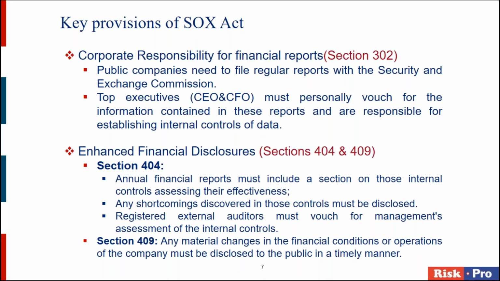Any shortcoming discovered in these controls must be disclosed. Disclosure is very important and critical. It has to ensure that registered external auditors must vouch for the management assessment of internal controls. As mentioned, external auditors also have different responsibilities and they face punitive provisions.